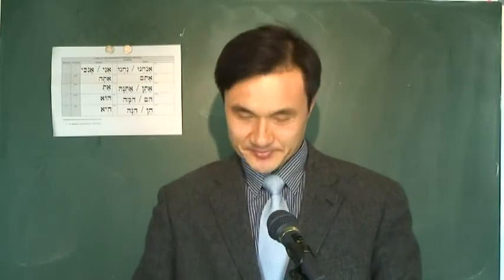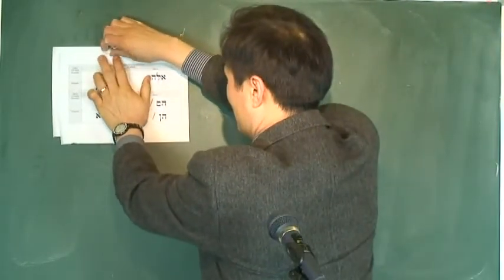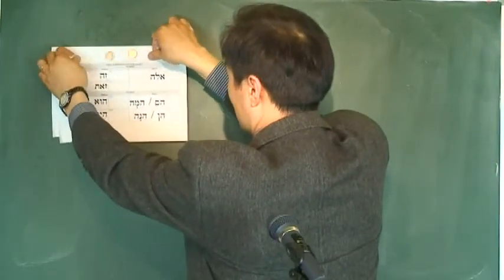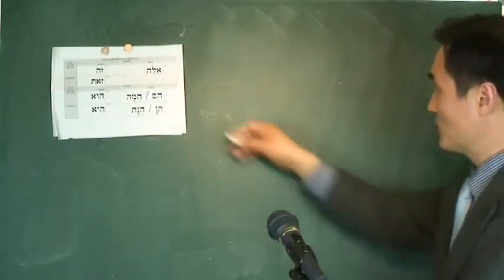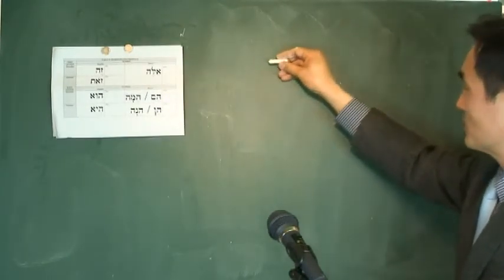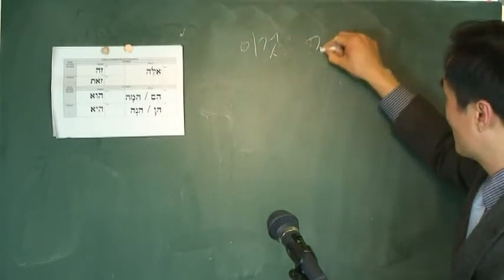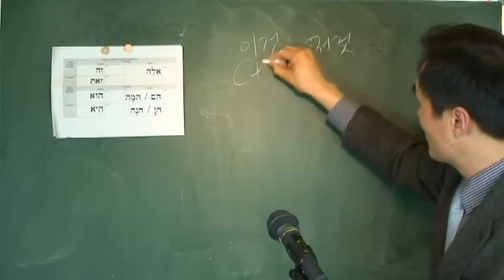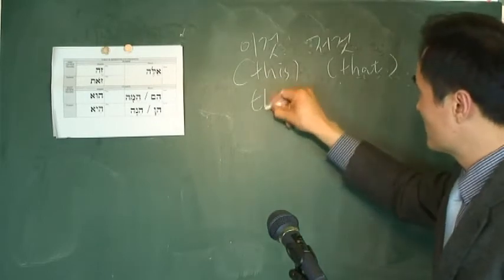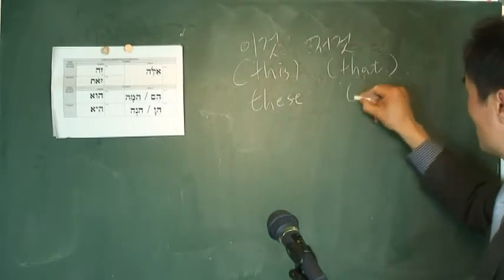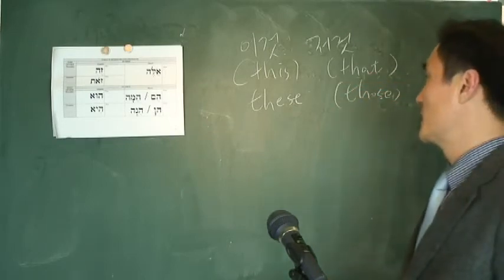Next, let's look at Hebrew demonstrative pronouns. They would be this or that. The plural forms would be these and those.